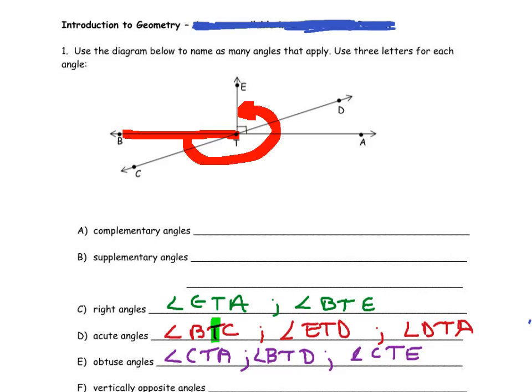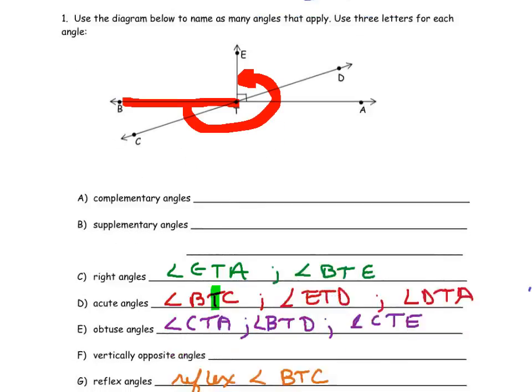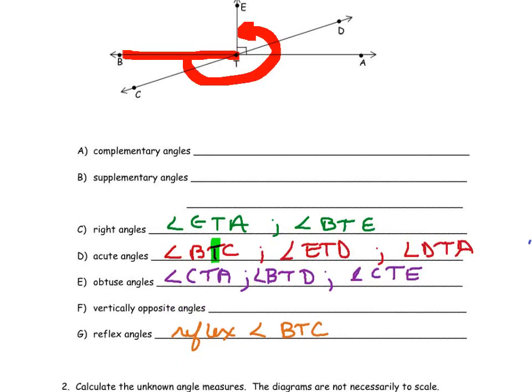To show it by description, you would describe it as reflex angle BTE, or angle ETB. The word reflex in the front describes that it's the outside angle, the one greater than 180 but less than 360.